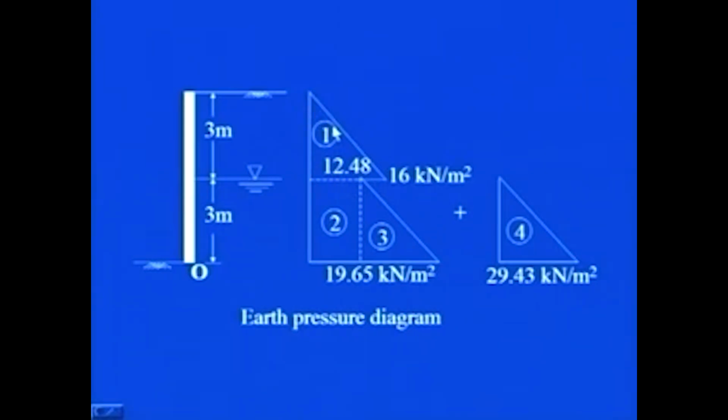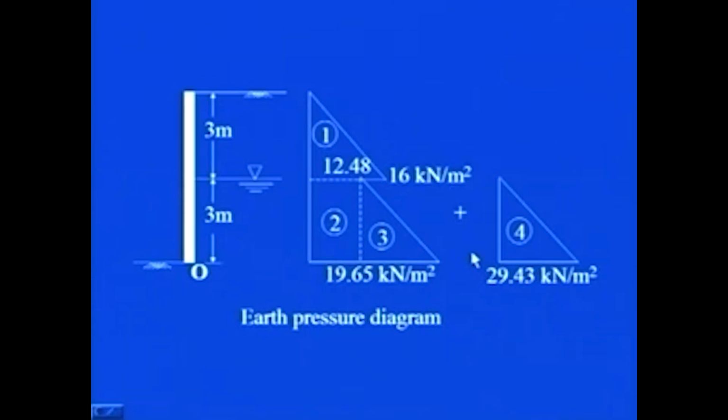So first it follows this line, then it reduces to 12.48, and then at z is equal to 6 we found that the lateral or horizontal pressure was 19.65 kilonewton per meter square. From this point it will extend till this magnitude, and the area marked by this firm line will give you the area of the lateral earth pressure diagram.